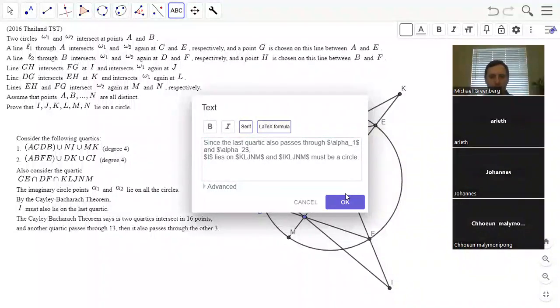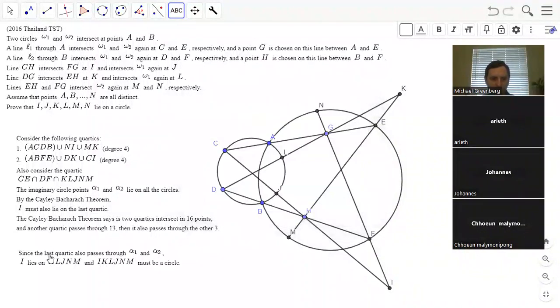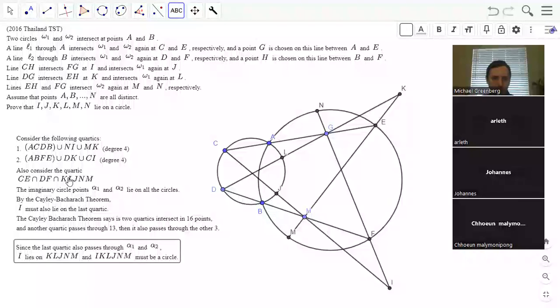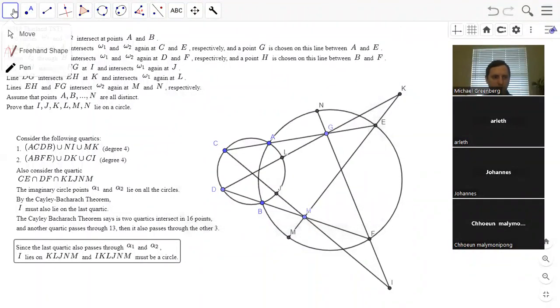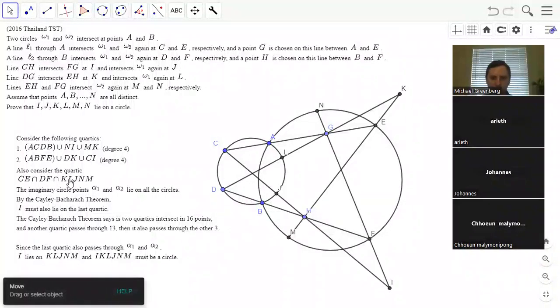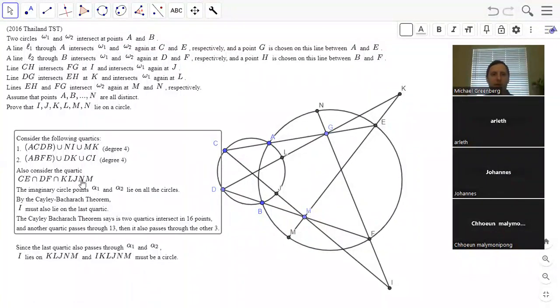Interesting. Okay, so we're saying that this quartic passes through 13 of the 16. So how do we know this quartic passes through the two circle points?